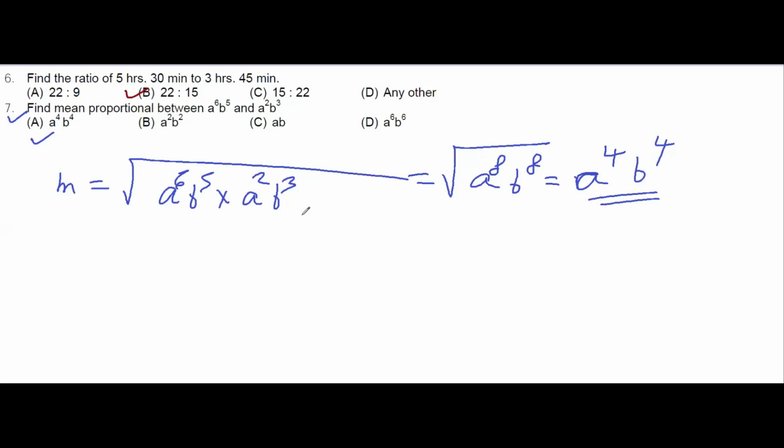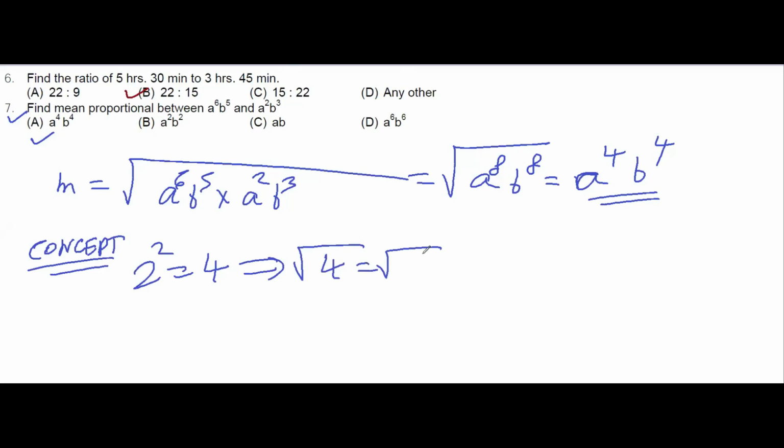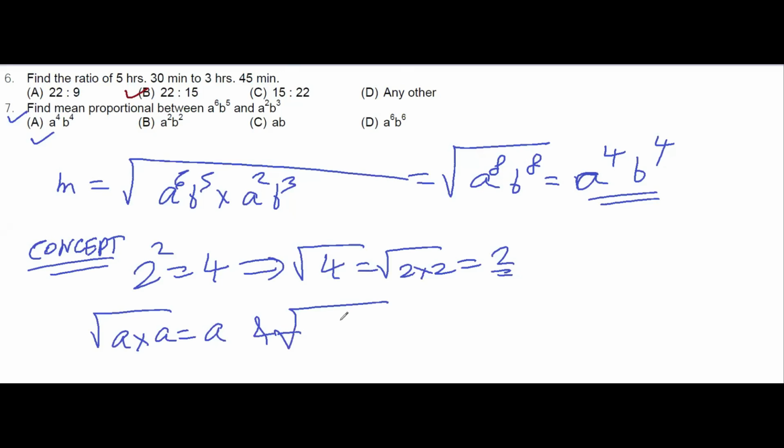Okay. Now let's understand how this came. For that, let me explain the concept. The concept of square root is, if I say 2 square, I will get 4. But if I do square root of 4, that is 2 into 2, I will get 2 as the answer. Similarly, square root of a into a gives a. Square root of a square into a square gives a square.